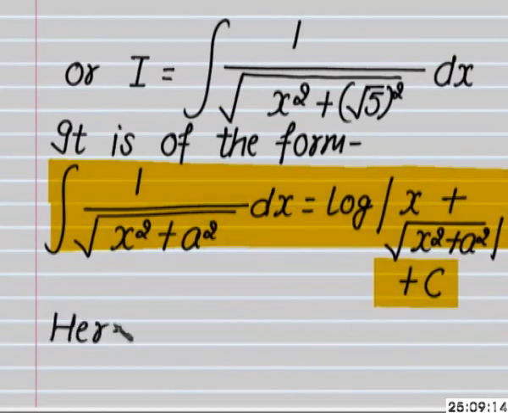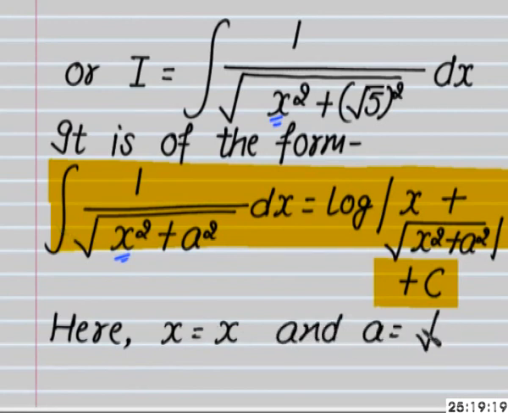Here x is equal to x and a is equal to square root 5.